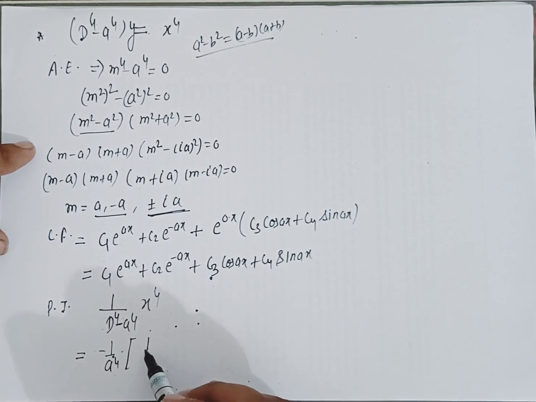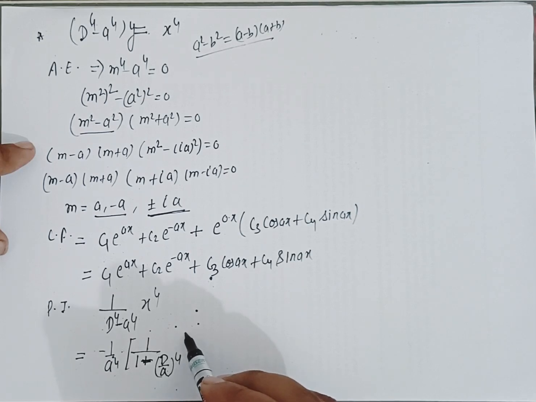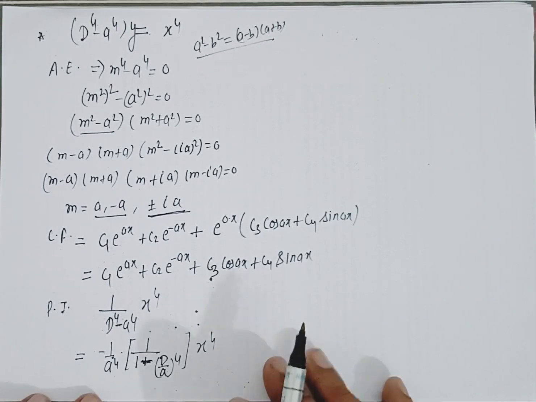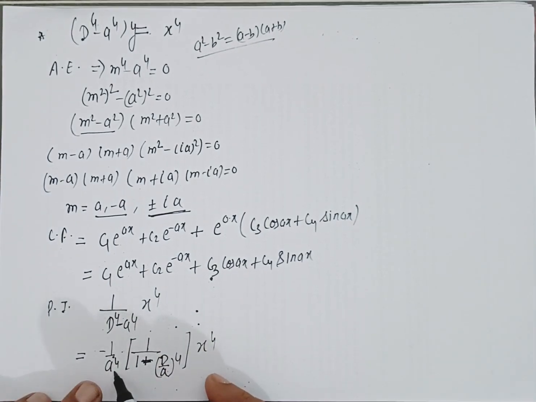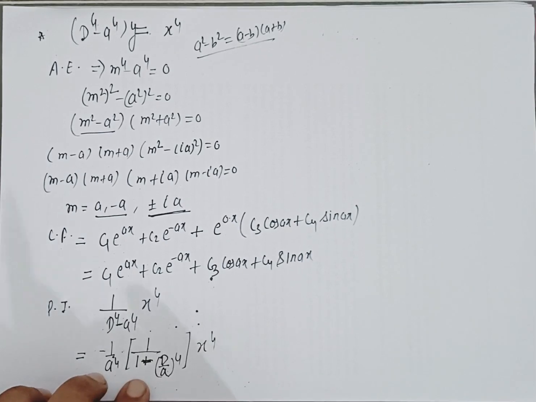So you will have here 1 upon 1 plus, 1 minus d by a to the power 4, x to the power 4. Because minus a to the power 4 you have taken common, so you have here 1 minus d upon a to the power 4.